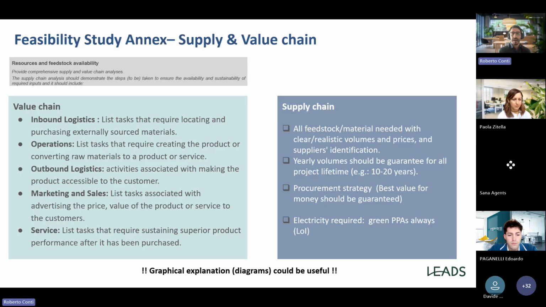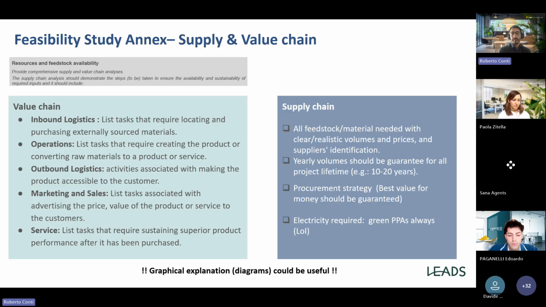You already identified the supplier, and the volumes should be guaranteed not only for 1 year, but for all the project lifetime. So if your project is for 10 or 20 years, you should demonstrate that your feedstock availability is guaranteed for this long period. To do that, you should also demonstrate a good procurement strategy, and remember the best value for money should always be guaranteed.